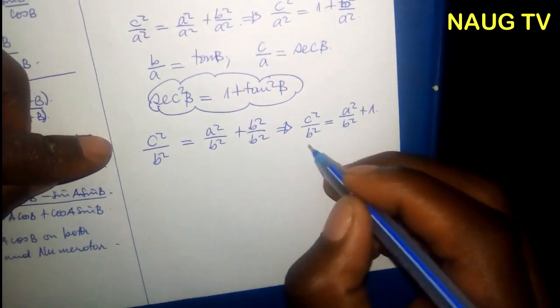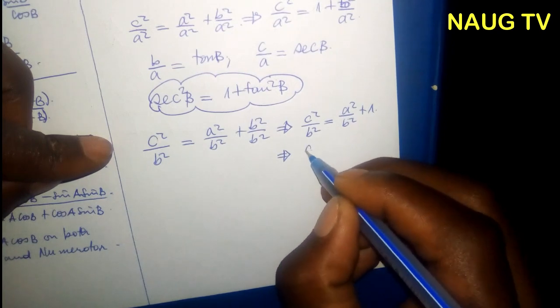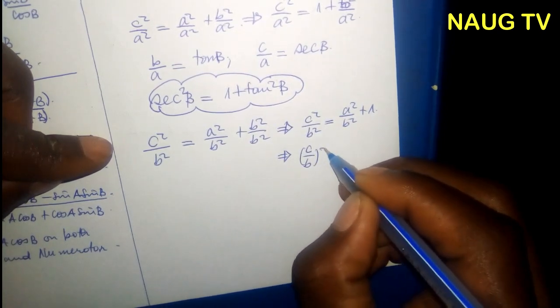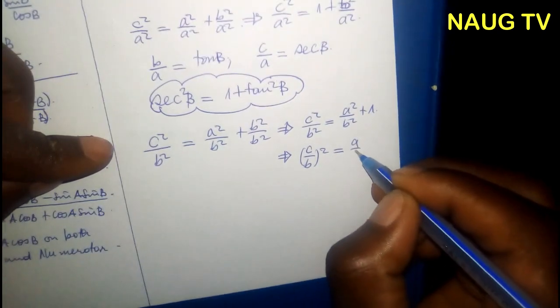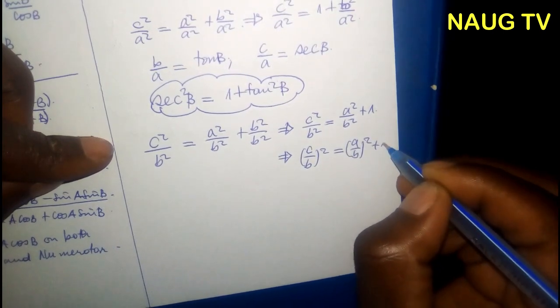Okay, and this will be equivalent to (c over b) squared equals (a over b) squared plus 1.